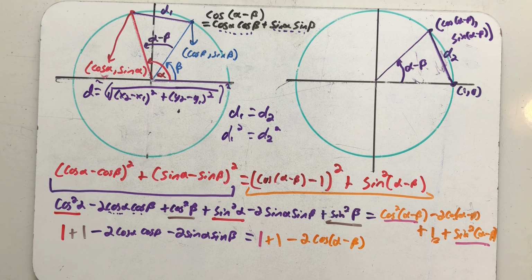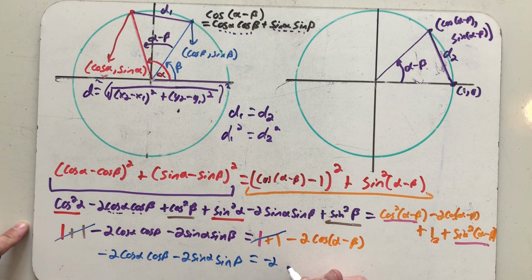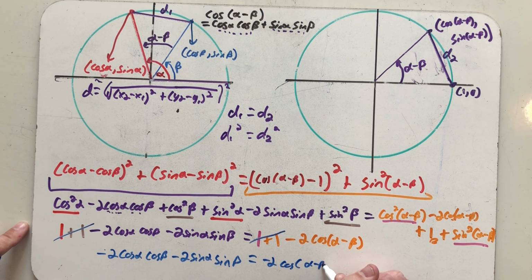If I just look at that equation, I think about subtracting 2 from both sides. That 2 is going to cancel with that 2. That leaves me with minus 2 cosine of alpha cosine beta minus 2 sine alpha sine beta is equal to minus 2 cosine of alpha minus beta.